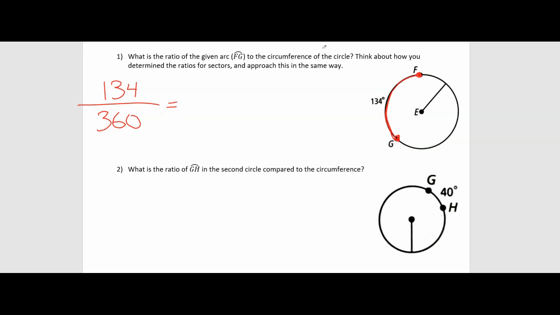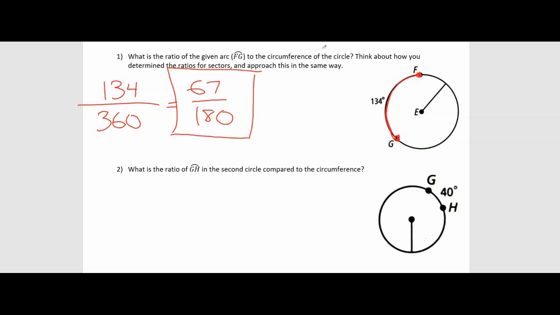Off the top of my head, it seems like not 4, not 6, not 8. I'm going to say 2 is the greatest common factor. So we're going to get 67 over 180, and we're not going to be able to simplify that ratio any further. 67 over 180 would be it.